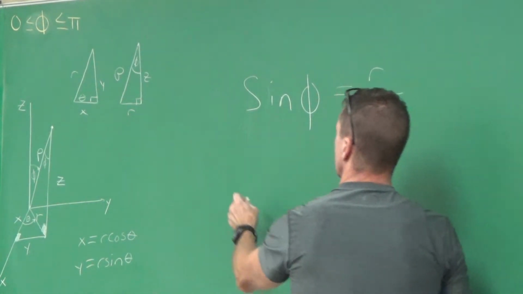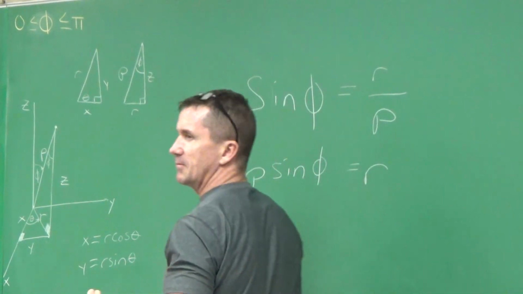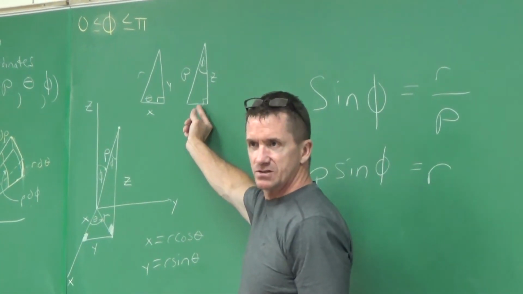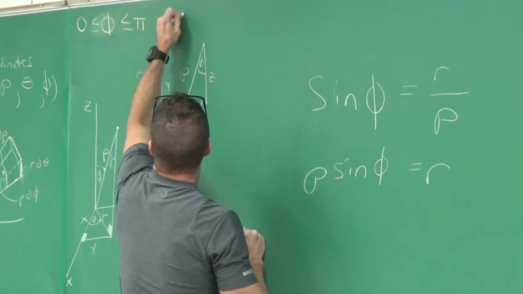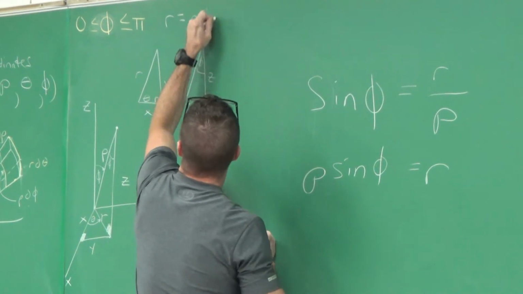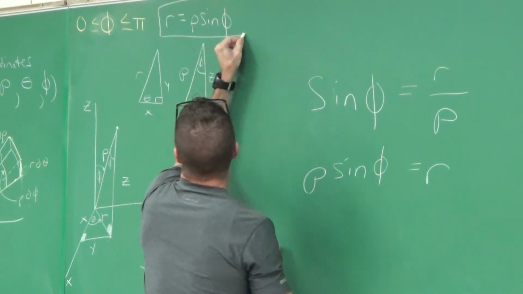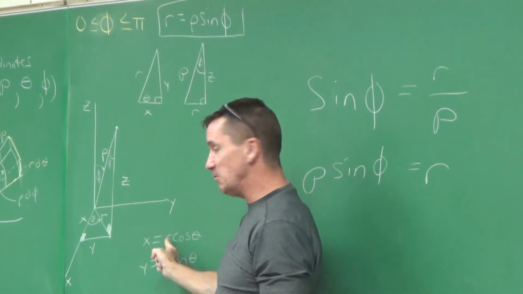That's what r equals in spherical coordinates. If you think, oh, I've got to memorize it, sometimes it's not really memorization, it's just drawing a picture and looking at it. But I'm going to leave it up all class. r is always equal to rho sine of phi, as you can tell in this right triangle. So this is all I need to make spherical coordinates.